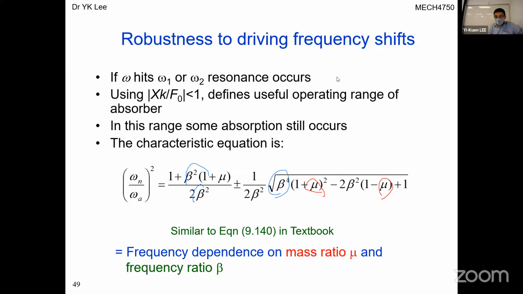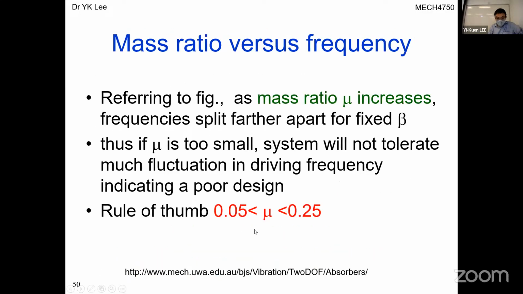In general, it depends on the design. There's a rule of thumb: if you have no experience, you can start with a mass ratio mu between 0.05 and 0.25.